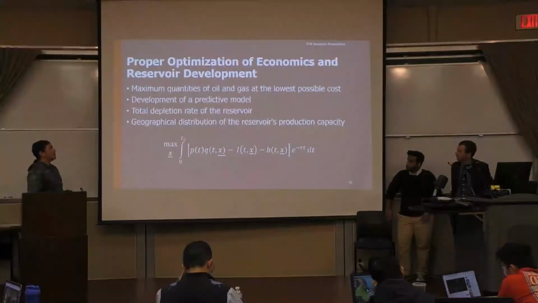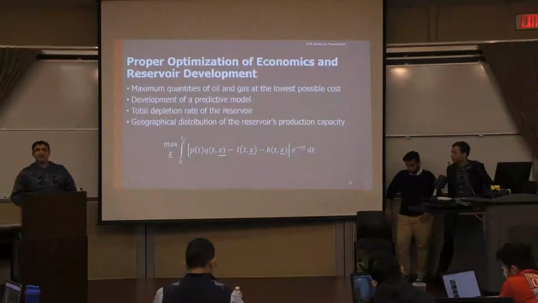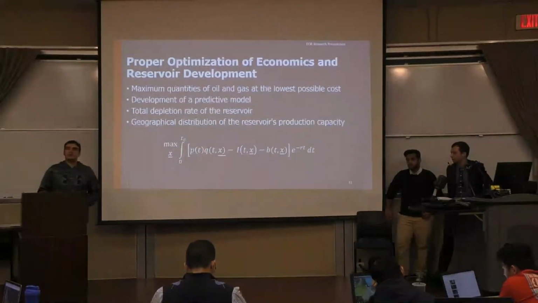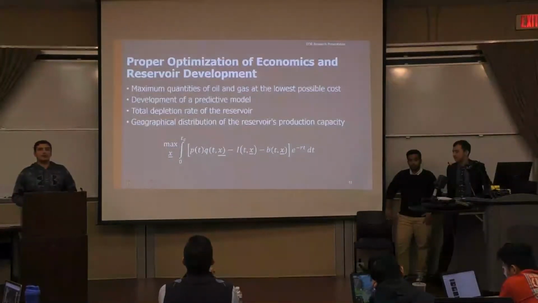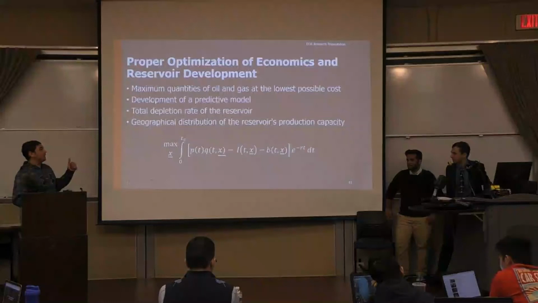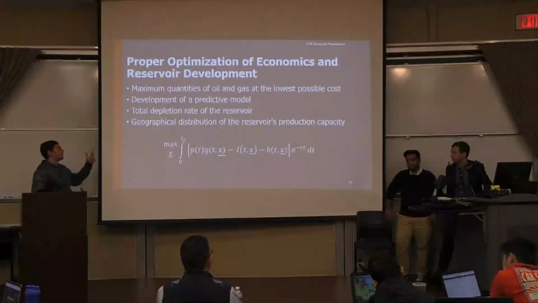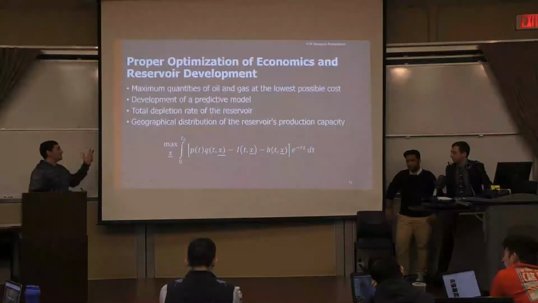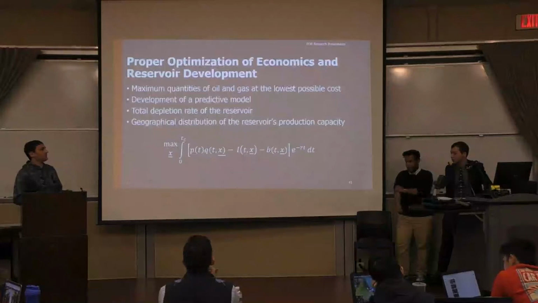Now moving to the proper optimization of economics and reservoir development. Machine learning can also be applied in the optimization of a reservoir to produce the maximum quantities of oil and gas at the lowest possible cost. To achieve that, we need a predictive model and two main factors: the first factor is the total depletion rate of the reservoir; the second is the geographical distribution of the reservoir production capacity.